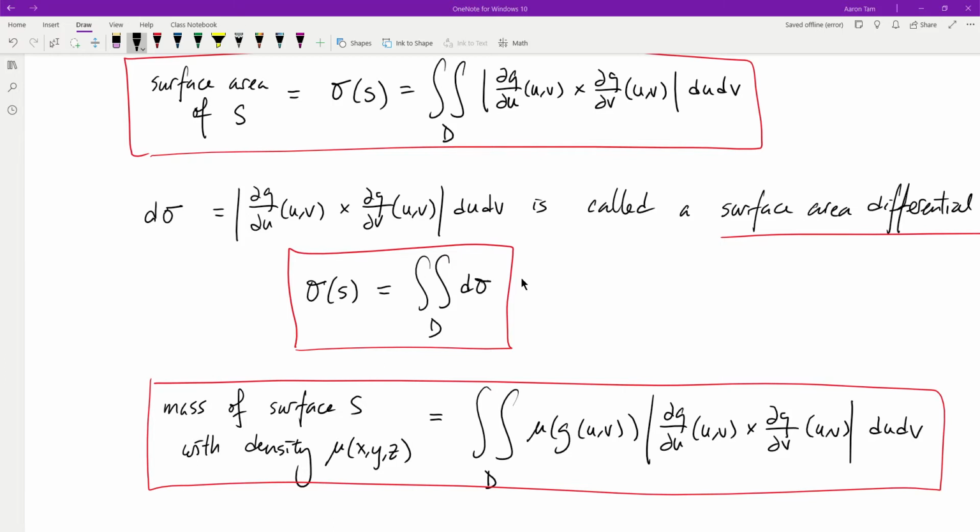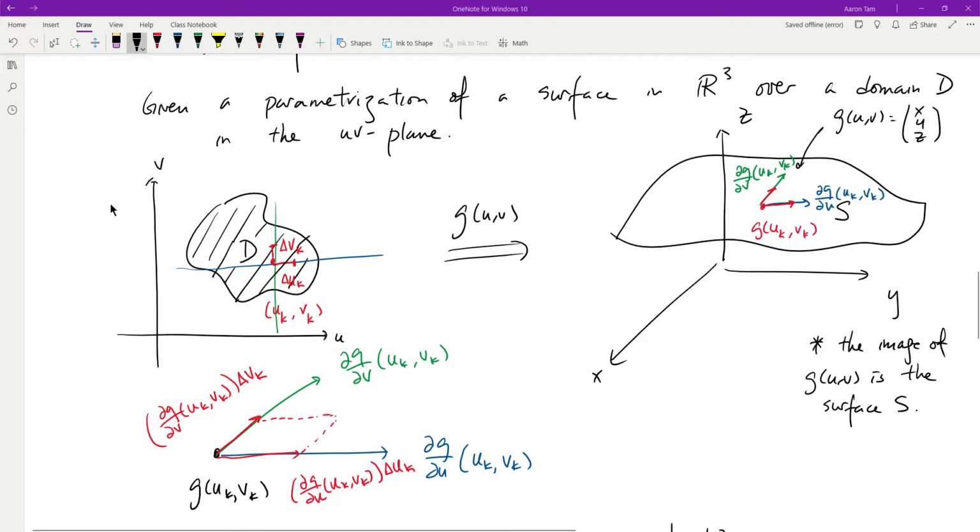To show you the difference, if you look at this UV plane, if I do du dv, that would form a coordinate rectangle on the UV plane, and that is called area differential. But that would actually transform into a kind of parallelogram shape over here.